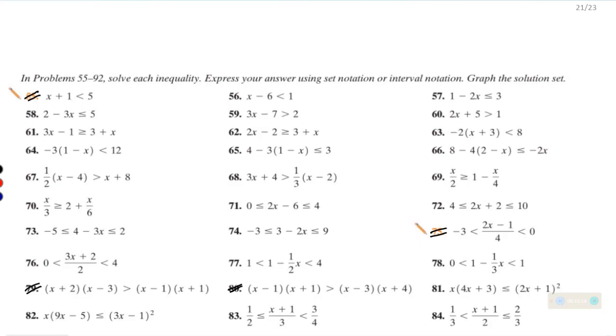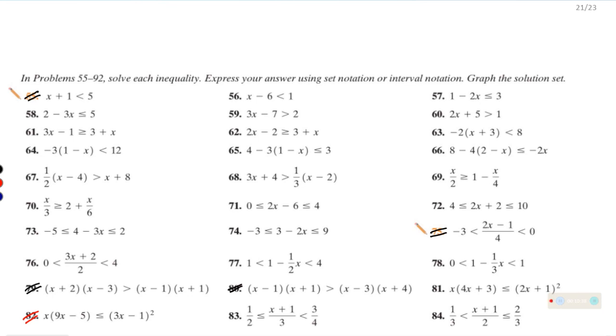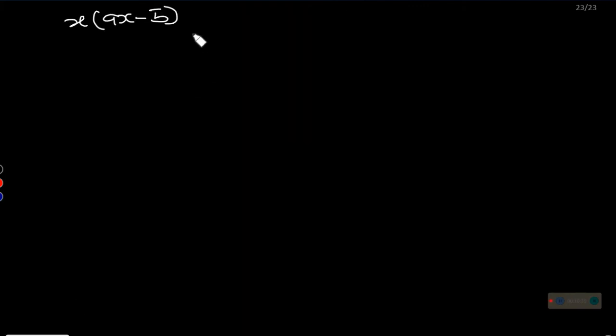So let us look at another example of that nature. Look at this example: x into (9x minus 5) less than or equal to (3x minus 1) all squared.